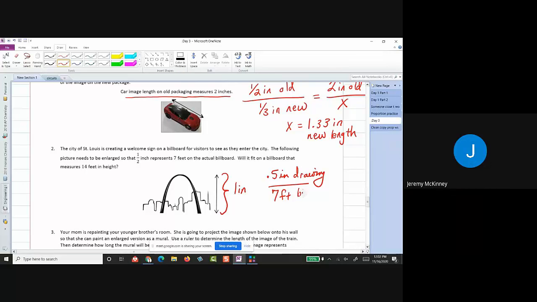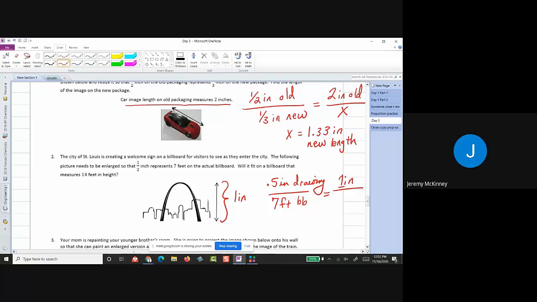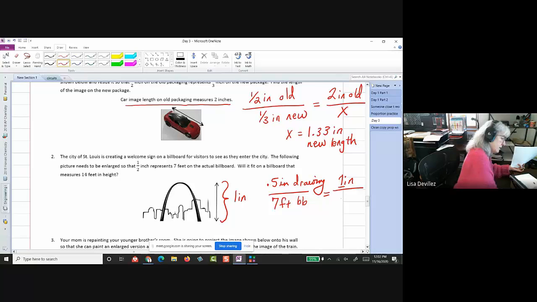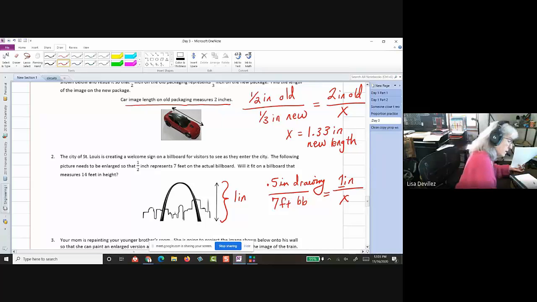Okay, so I want to know if it's 1 inch on the drawing, because I said this dimension is 1 inch. Then it's going to be X feet. I do 1 times 7 divided by 0.5.